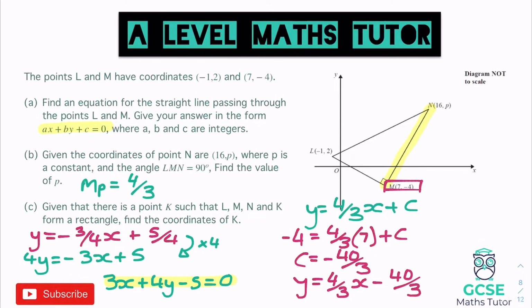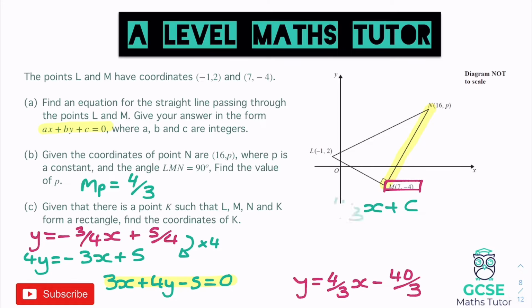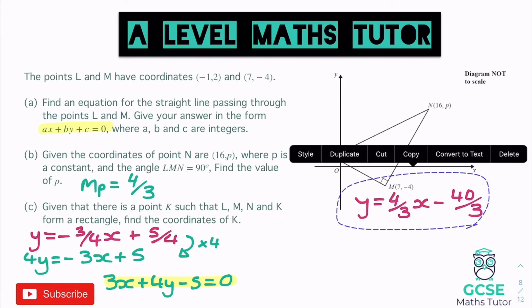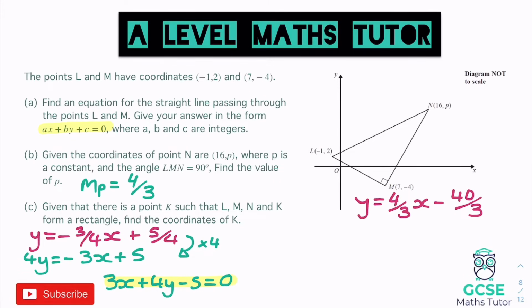So if we have a look at using this equation, then let's get rid of some of this working out. We've got our equation, we actually just need to use it. So let's move this up next to our line, and let's sub in that coordinate. So we've got the x coordinate, which is 16, and we've got an equation here that tells us how to find the y coordinate. y is equal to 4/3 x minus 40/3.